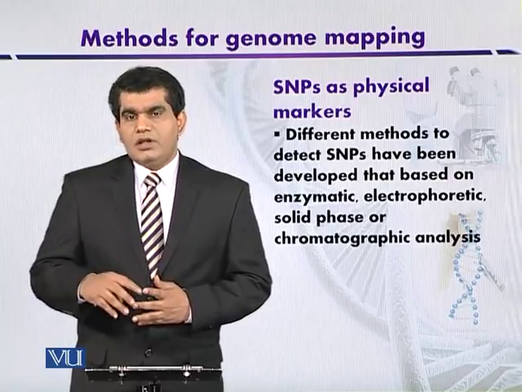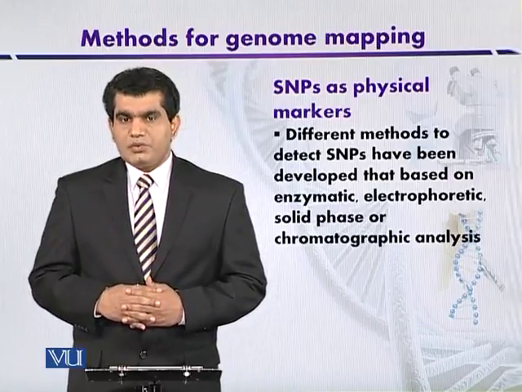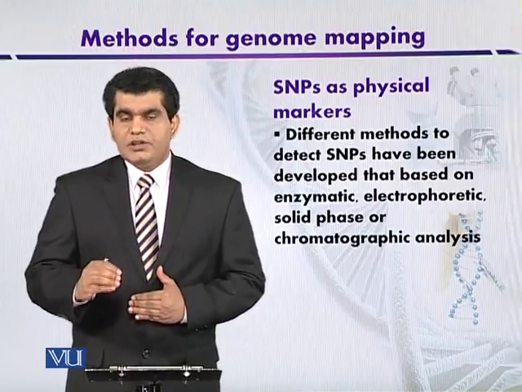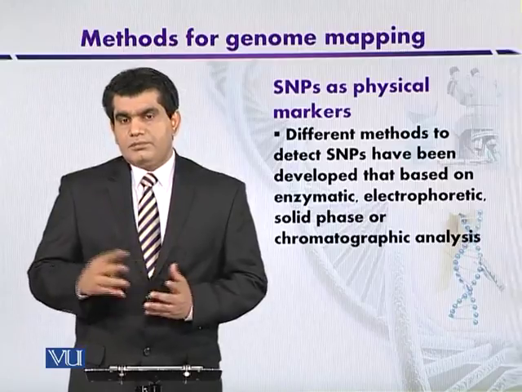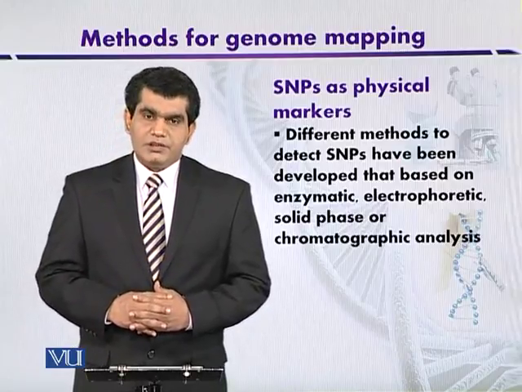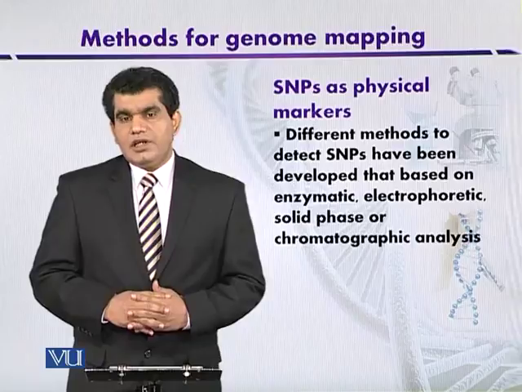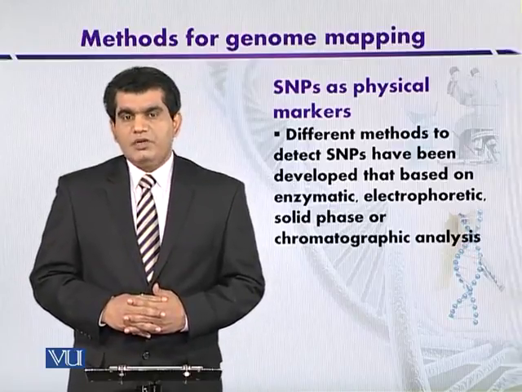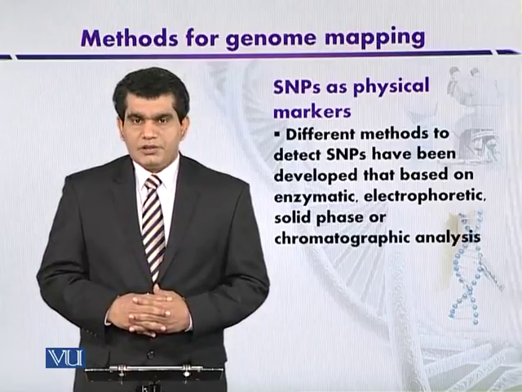And then some electrophoretic methods can be used where the DNA fragments are separated on the basis of their length, and some chromatographic techniques where the DNA molecules are separated depending upon their melting temperature.